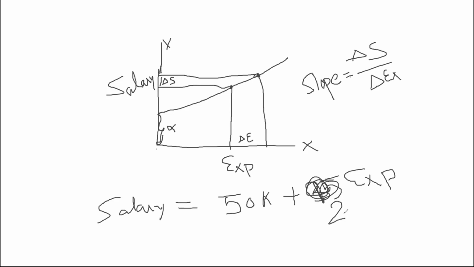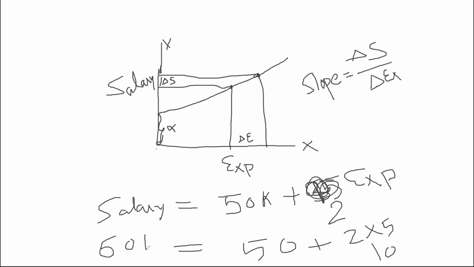Suppose I have 5 years of experience, what would be my salary? 2 into 5 is 10, plus 50, so my salary would be 60K. So basically, this is 2-dimensional regression. It is the simplest regression. One is dependent variable and one is independent variable.